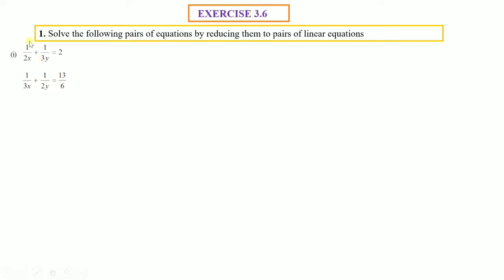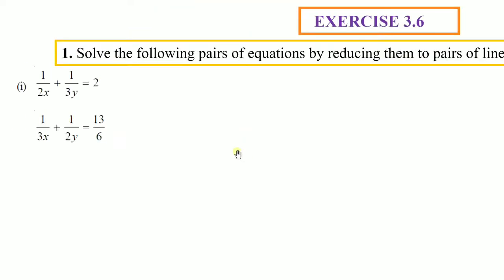Now, for the first time you are seeing that the x variable is coming in the denominator, and the y variable is coming in the denominator. Similarly, in the second equation also the same thing. So in the beginning we may say that these may not be linear equations.